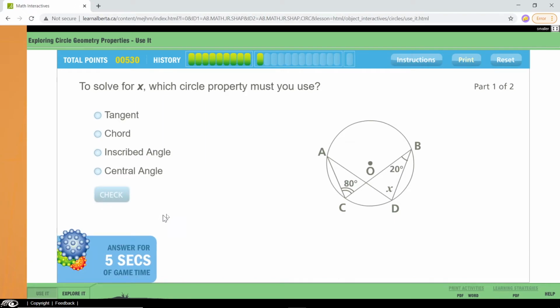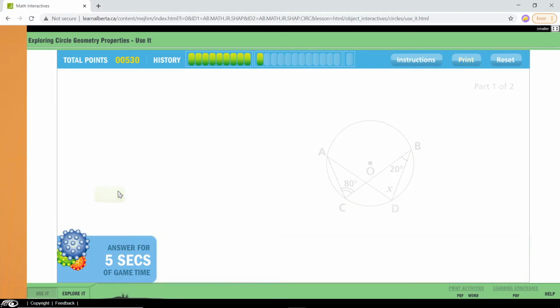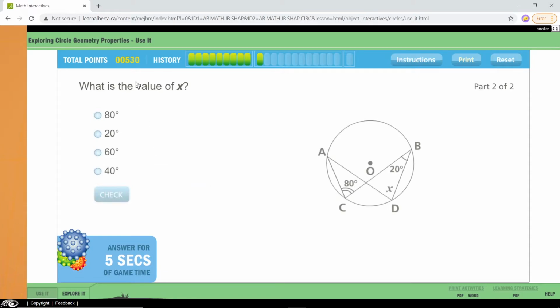To solve for x, which circle property must you use? As you can see, the answer is inscribed angle. So next, what is the value of x?